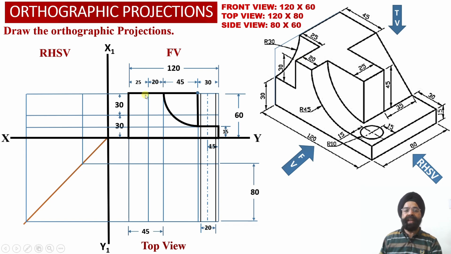Another thing we have already discussed, that corresponding to this circular cut section which happens to be perpendicular to the front face of the solid, we are not going to observe true shape projections.